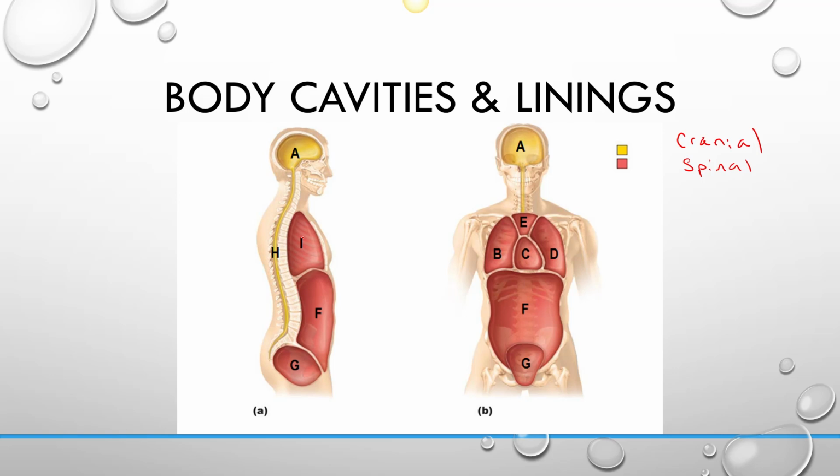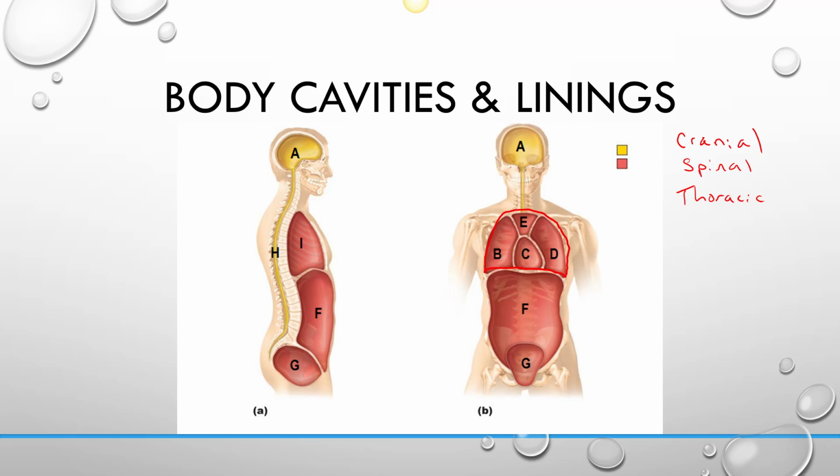I is referring to the thoracic, and the thoracic cavity is actually this entire chest cavity here. You can see that within the thoracic cavity, we have several sub-cavities.